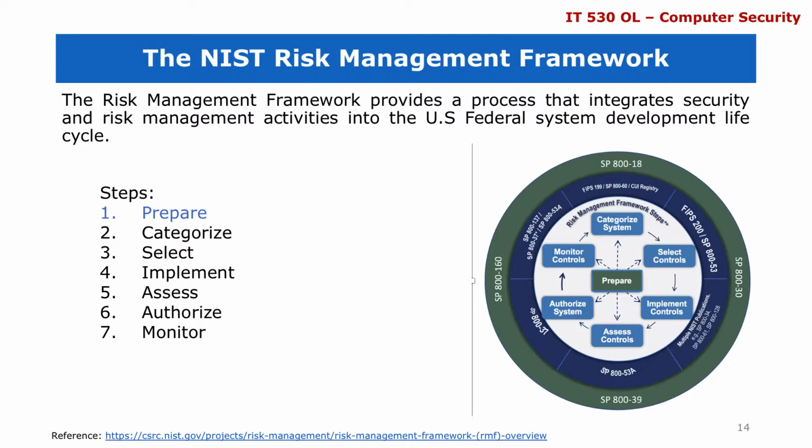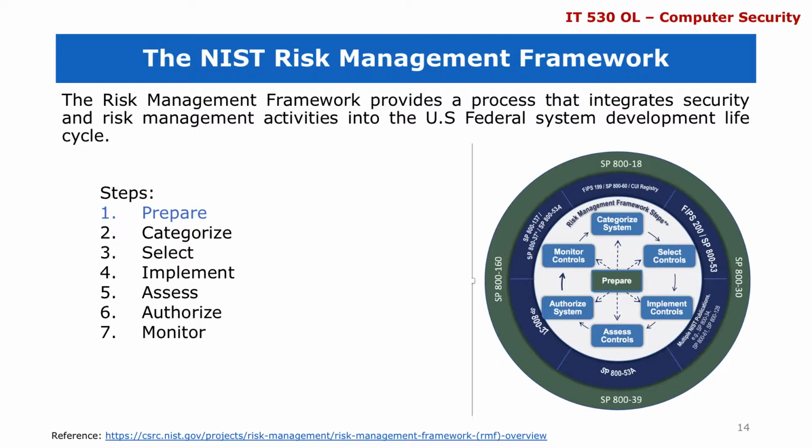And as we go a bit inside for the categorize step, you see there's FIPS 199, 800-60, and the CUI registry. These documents will give you a guide on how to categorize a system, select the control, implement, and all of that. The next step is categorize.